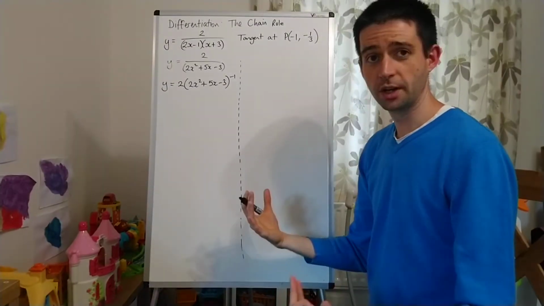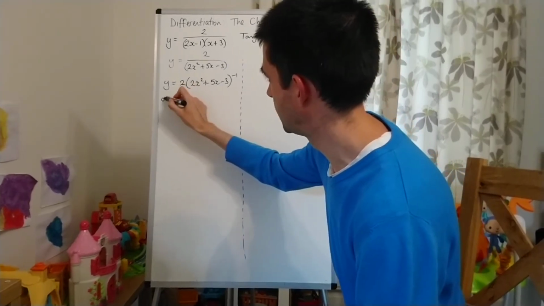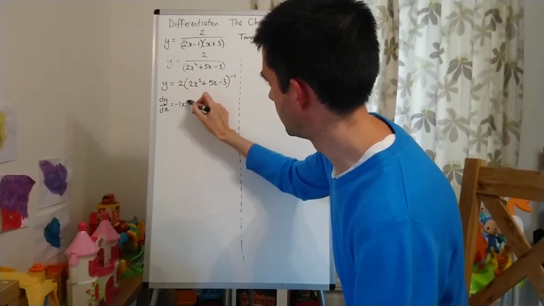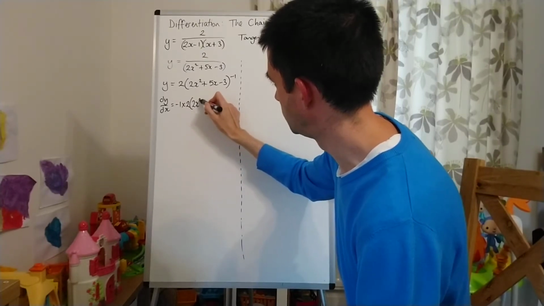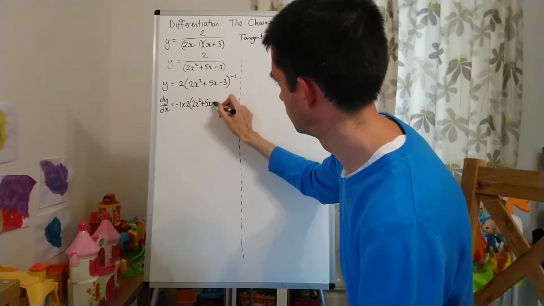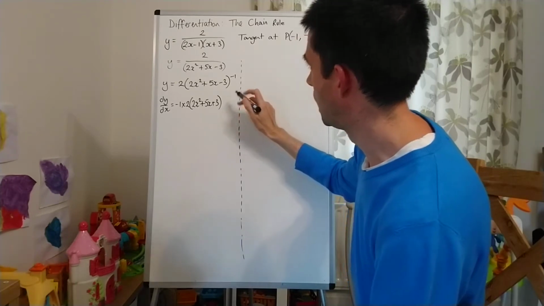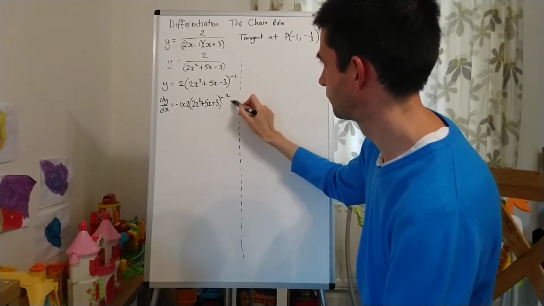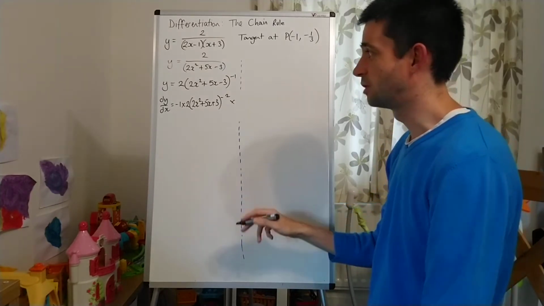Just like in the previous video, chain rule, power down. So -1 multiplied by 2, and then the bracket doesn't change. Reduce the power by 1 to -2. And multiply by the differentiated bracket.